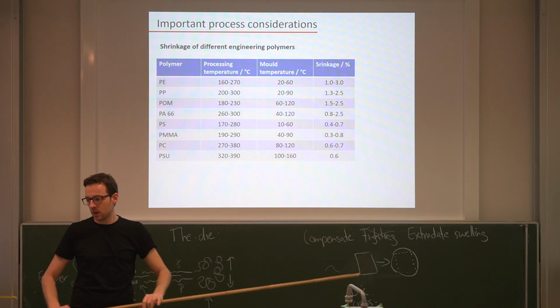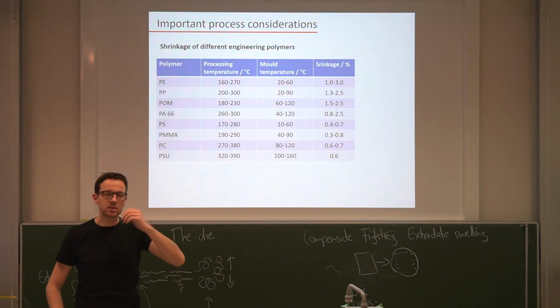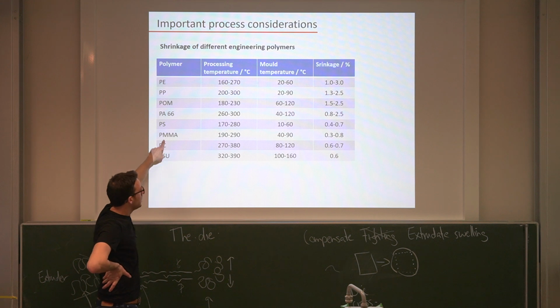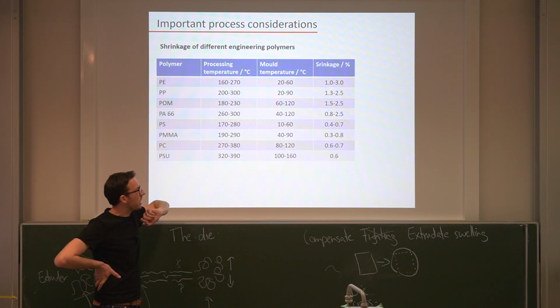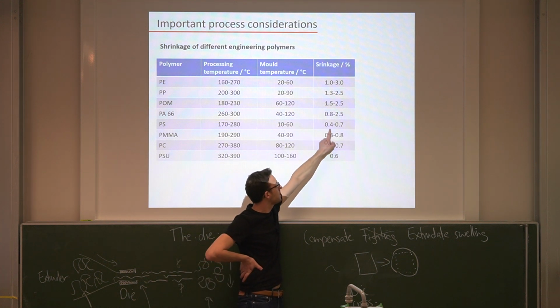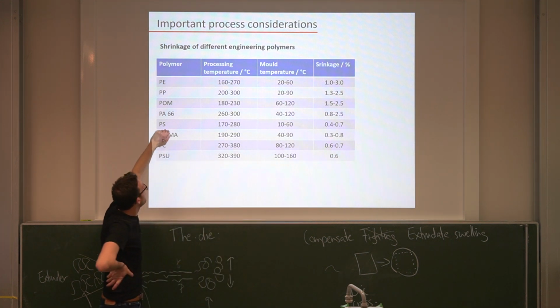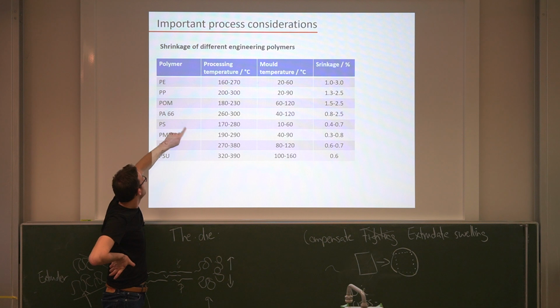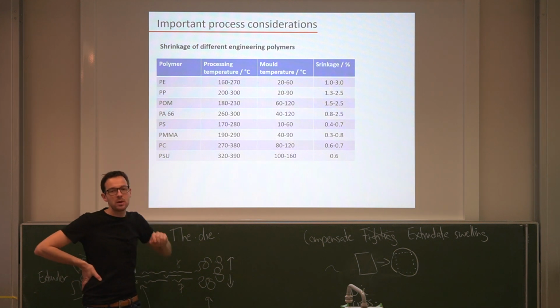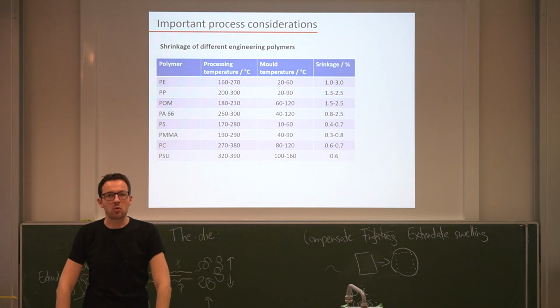And now if we take a closer look, maybe this is something that you can do for yourself: try to rationalize why polystyrene only shrinks a little bit, and why, for example, polypropylene, polyoxymethylene, nylon, and polyethylene shrink much more upon cooling.